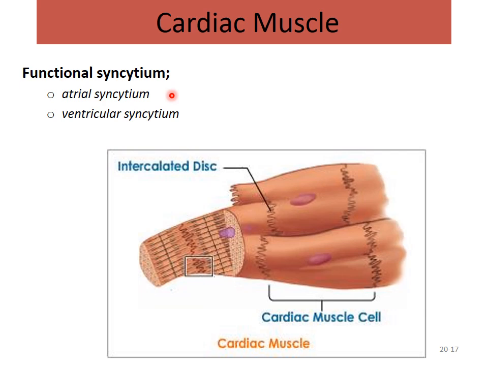Both atria will contract together and then relax, and then both ventricles will contract together. So these are known as functional syncytiums. There's an atrial syncytium, where both atria contract together, and there's a ventricular syncytium, where both ventricles contract together.